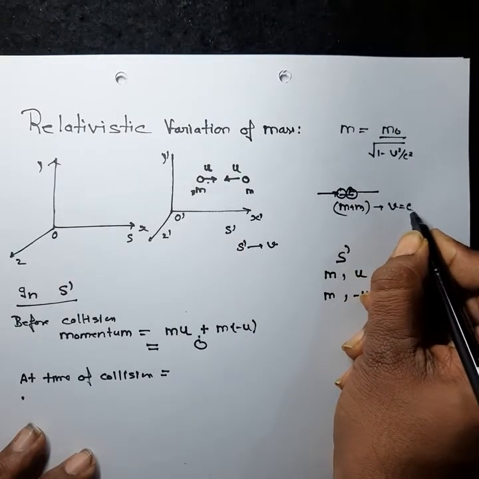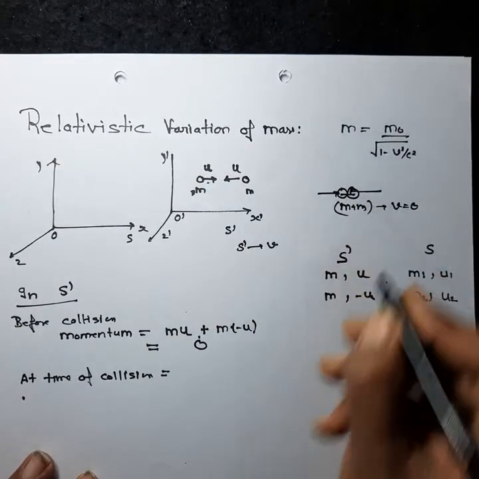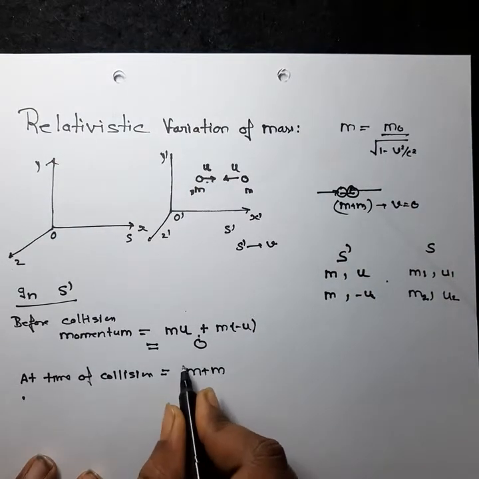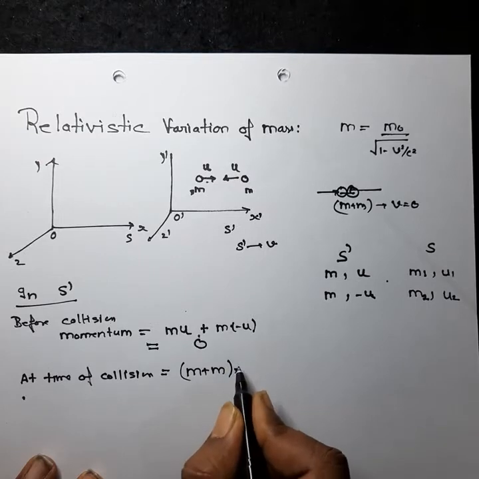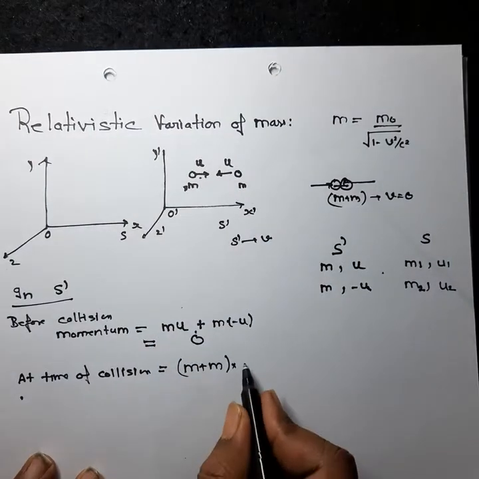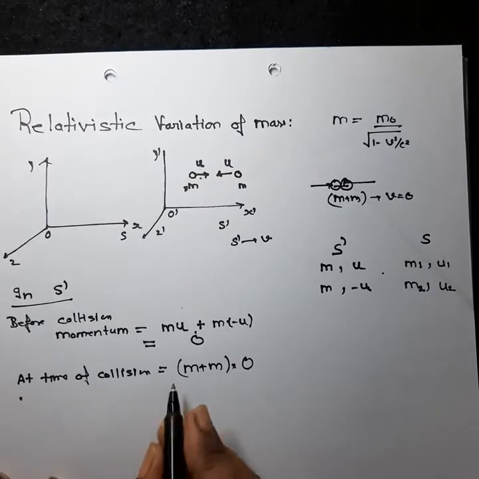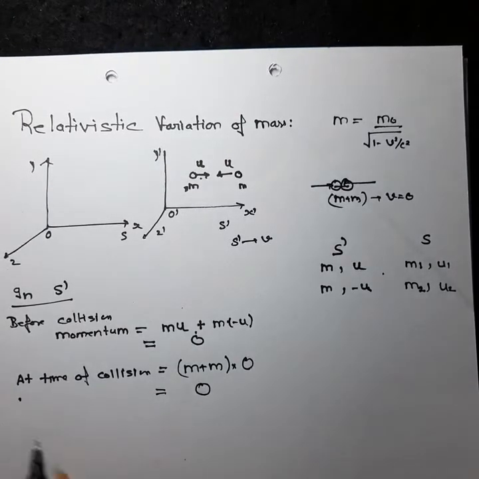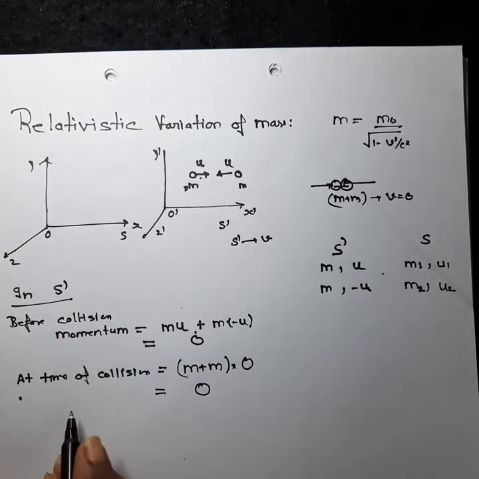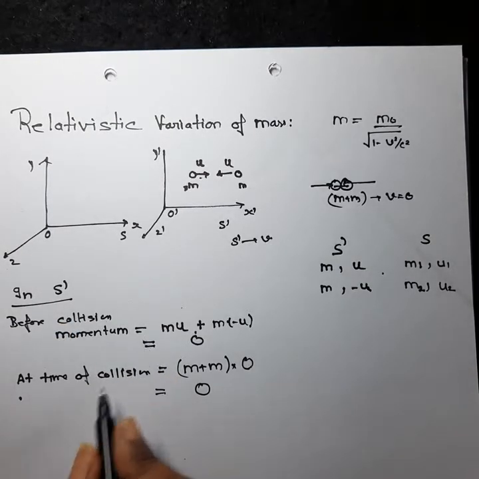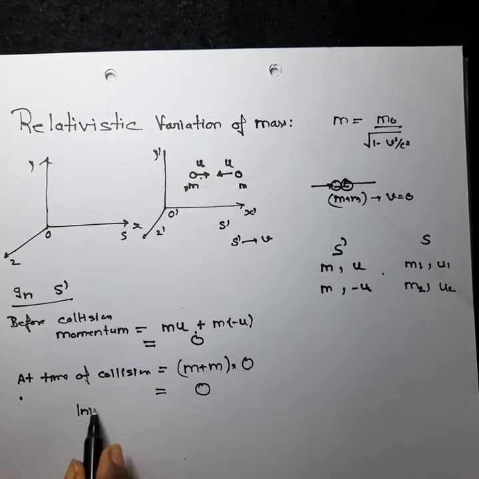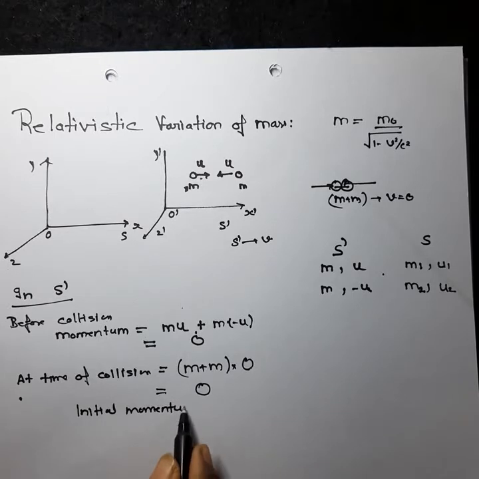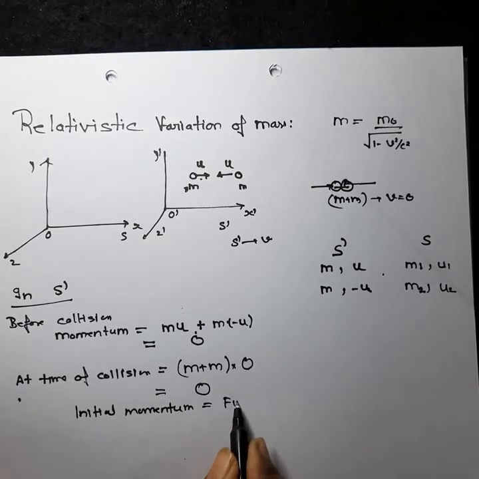So at the time of collision, m plus m multiplied by its velocity, that is 0, gives 0. So you see that in the S dash frame of reference, initial momentum is equal to final momentum.